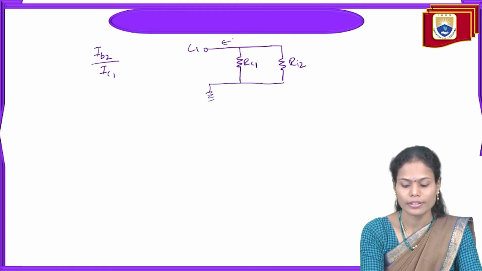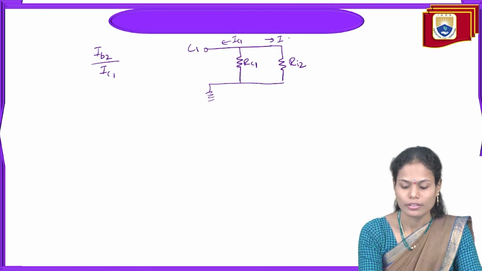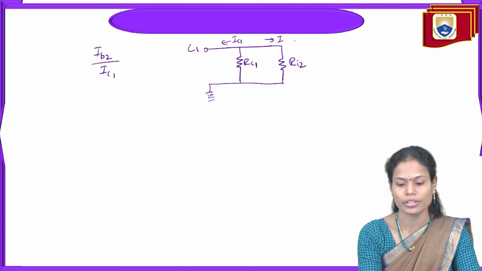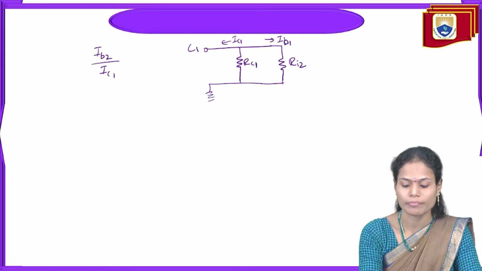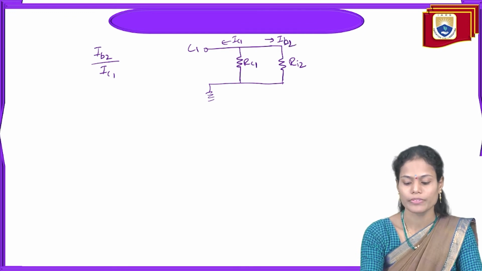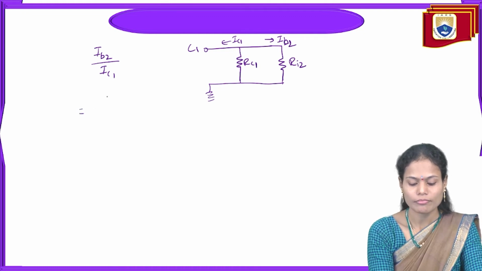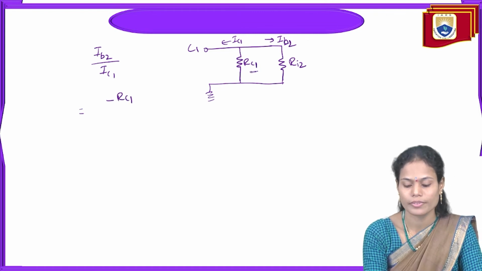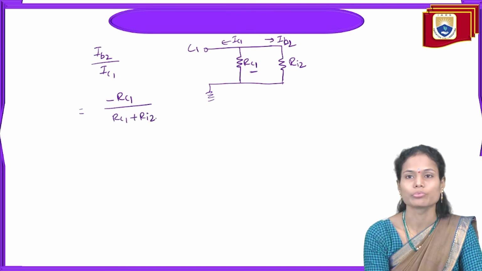Okay, and here the collector current of the first stage is flowing, and here the input current of the second stage, the base current IB2, is flowing. So from this we can write the ratio. The value is the opposite resistance RC1 divided by the total resistance RC1 plus RA2.